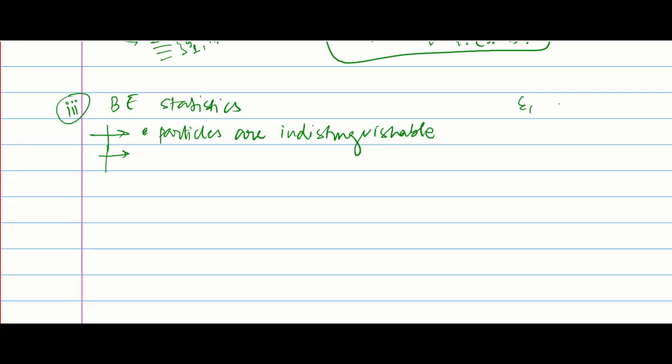Let's say there's E1 and there's E2, with one particle here and another particle here, and if both swap places, we cannot distinguish this state from that state. Basically these two will be the same state.